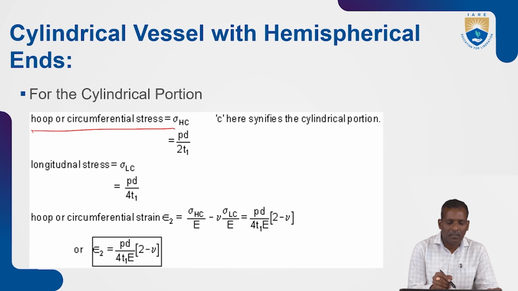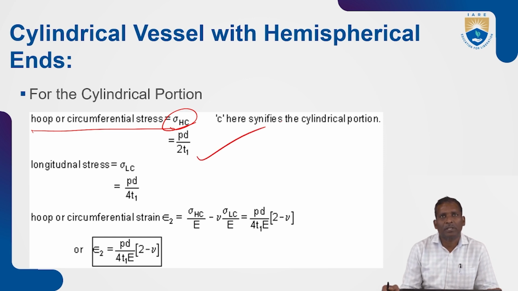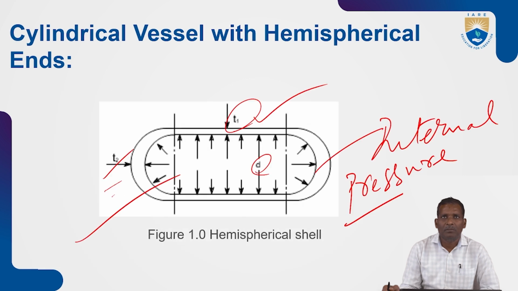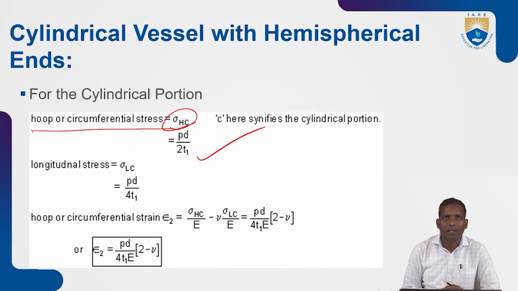For the cylindrical portion, represented with subscript C, the hoop stress sigma_HC is PD by 2t1. In the diagram, the thickness of the cylindrical portion wall is t1, P is the internal pressure and D is the diameter of the shell. The longitudinal stress sigma_LC is PD by 4t1.